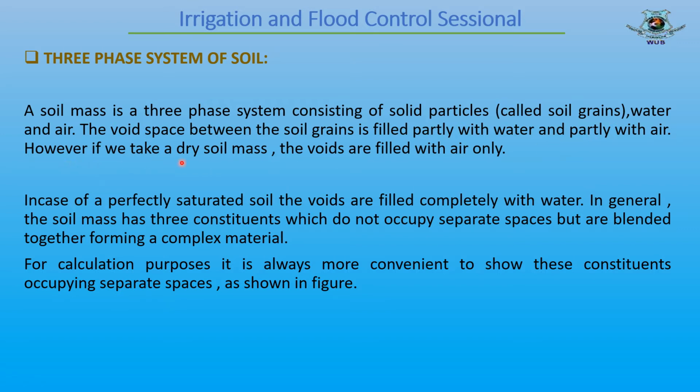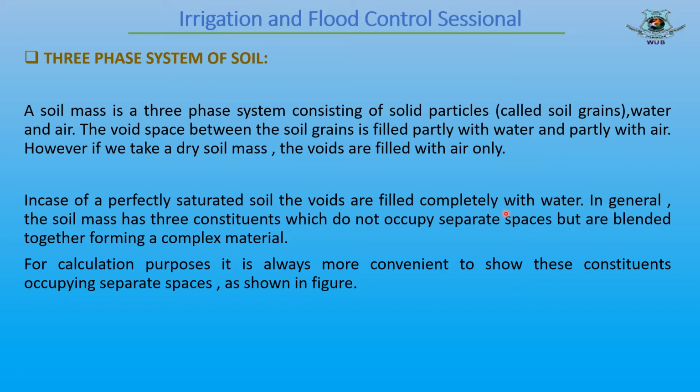However, if we take a dry soil mass, that means which has no water or moisture content, the voids are filled with air only. In case of a perfectly saturated soil, the voids are filled completely with water.